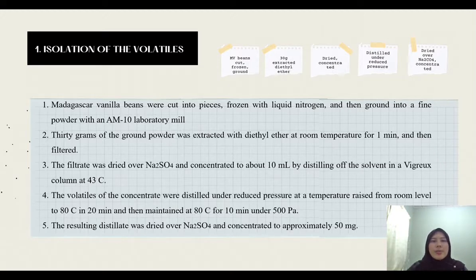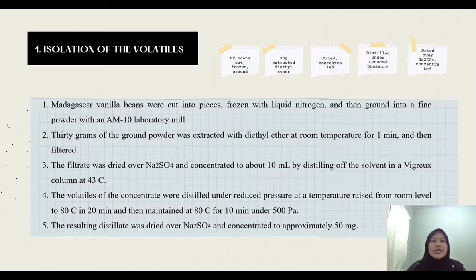Then 30 grams of the ground powder was extracted with ethyl ether at room temperature for 1 minute and then filtered. The filtrate was dried over sodium sulfate and concentrated to about 10 ml by distilling off the solvent.